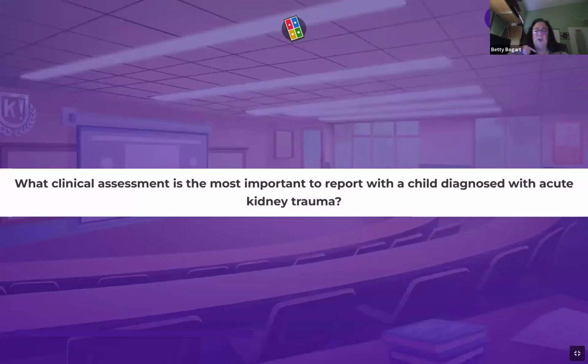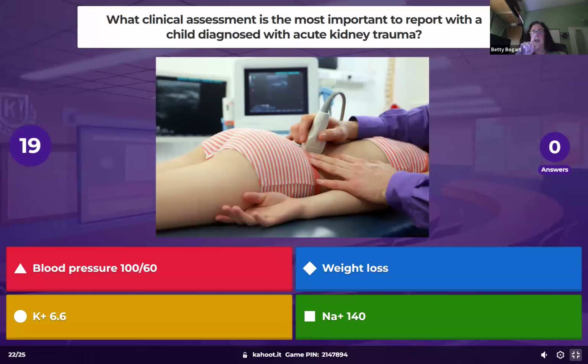Which clinical assessment is most important to report with a child diagnosed with acute kidney trauma? I had a kid, a 9 or 10-year-old boy who was playing tag outside, and he was running backwards and ran pretty hard into a trailer hitch with his back. He came in, and his back had this huge bruise on it.